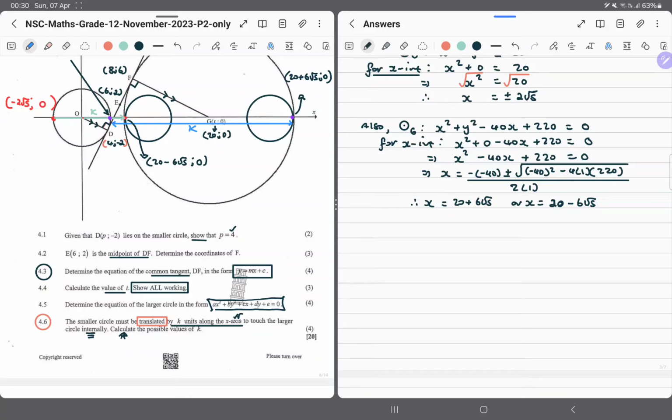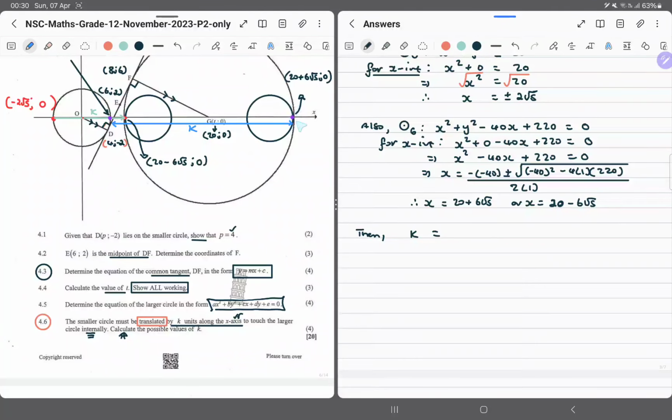So at times, remember, some intermediate steps, you can decide how you do them. You don't necessarily have to show a particular calculation. But for the final question, because it says calculate the values of k, then you need to show a calculation. So we can say, look, from here then, k is equal to the x coordinate there.